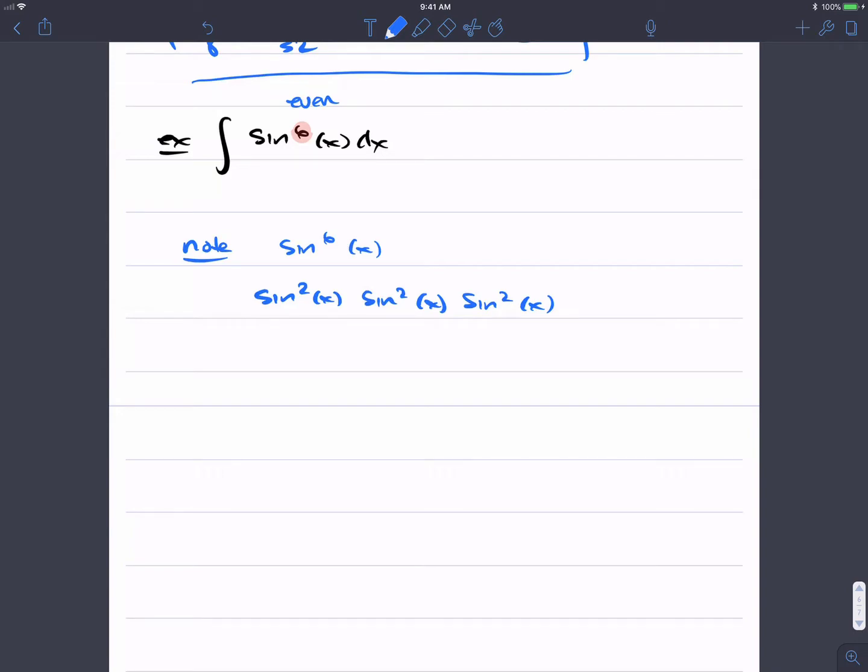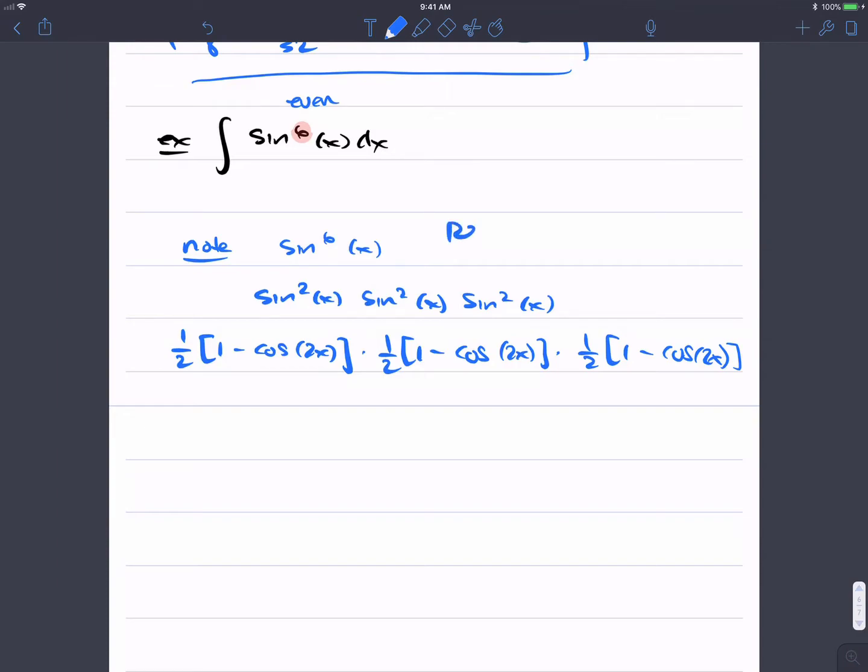And every sine squared will have the half-angle identity, 1/2 times 1, and this time it's going to be minus, so I'm kind of alternating, I guess. 1/2 of 1 minus cosine 2x times another 1/2 of 1 minus cosine 2x times a 1/2 of 1 minus cosine 2x.